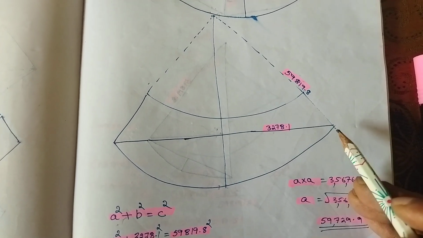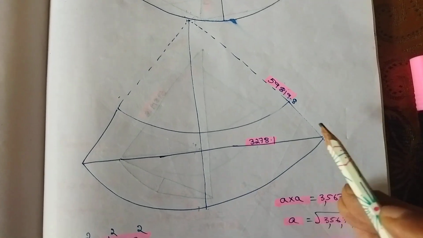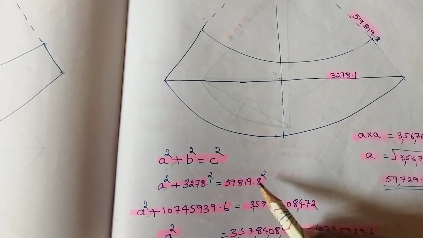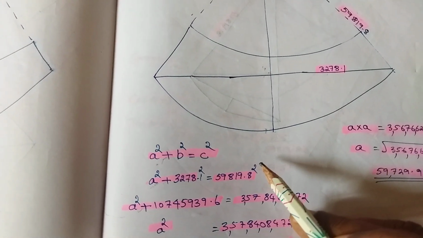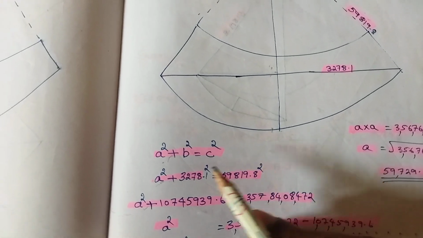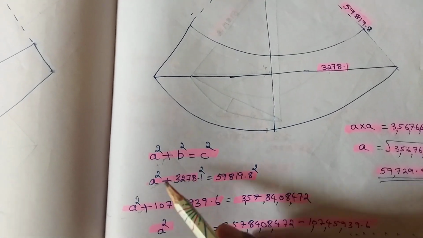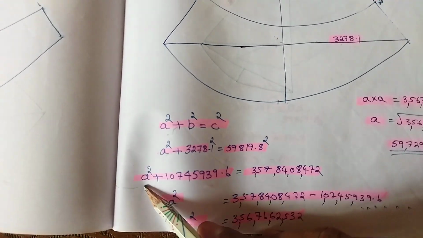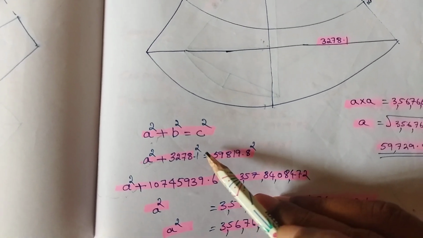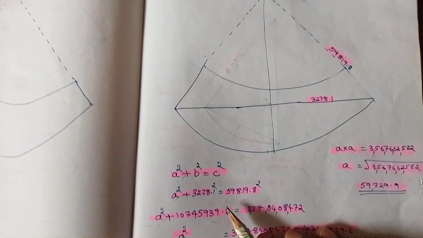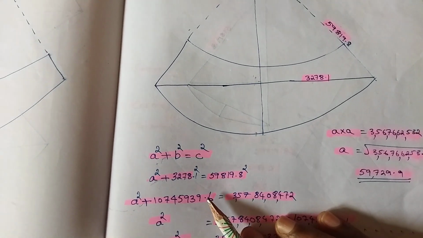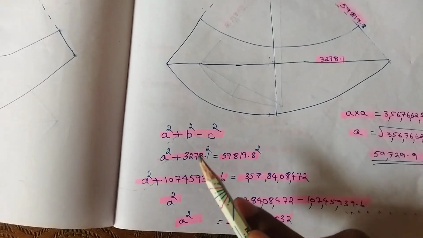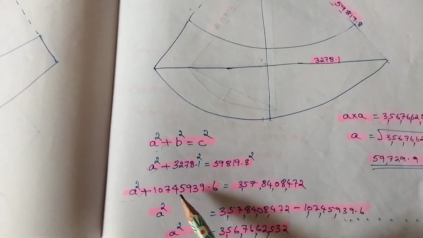What is c square? C is 59,089.8. That is c, and we have made it a square also. In this equation, b square is 3278.1 square. Just find it out on your calculator. Just pause my video and calculate this square. Then you will get this measurement.